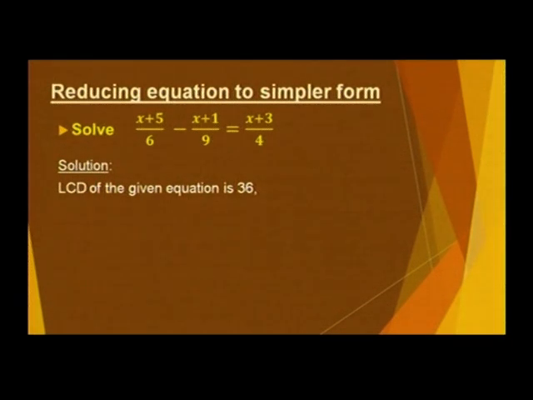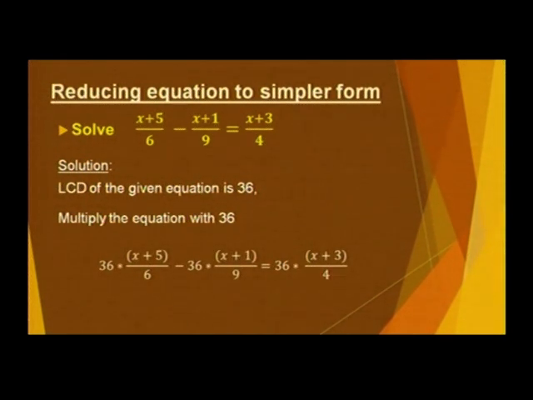And another one is the solution. The LCD of the given equation is 36, and we multiply the equation with 36. What equation is given? x plus 5 by 6 minus x plus 1 by 9 equals x plus 3 by 4.